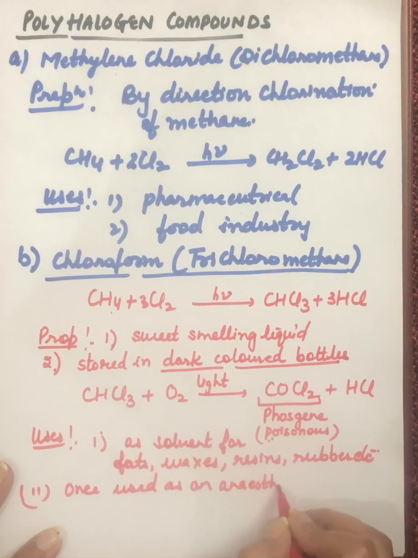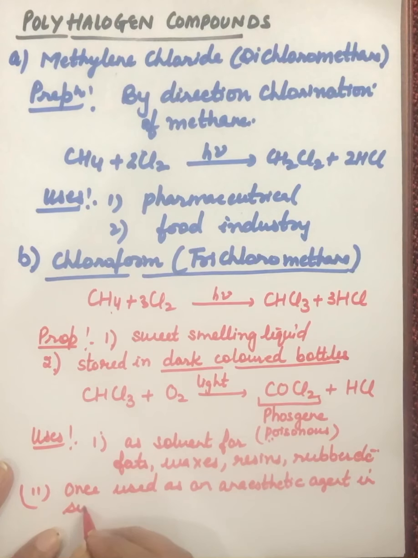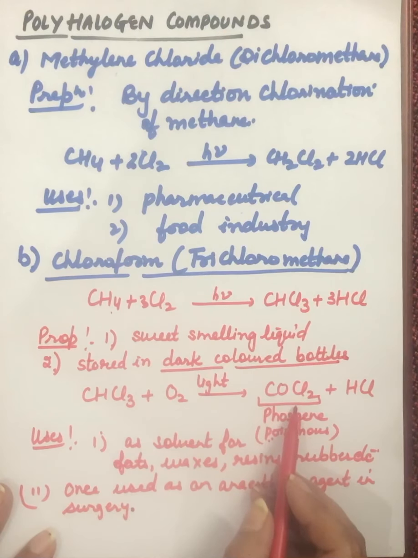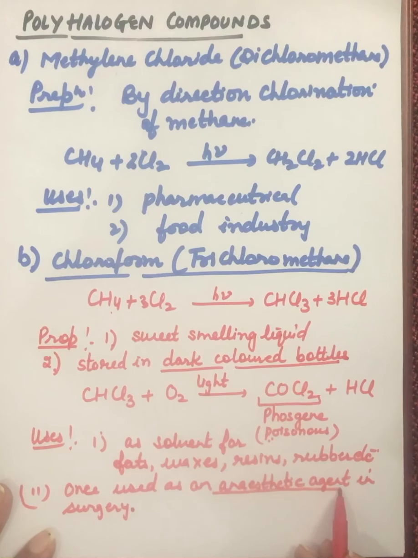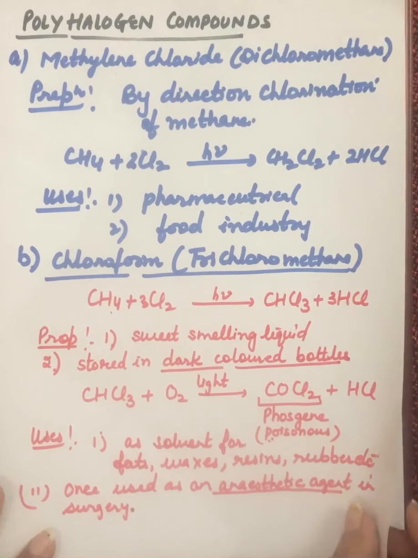Before surgery, for anesthesia purpose, chloroform was used. But nowadays we are not using this because it forms phosgene gas which is poisonous. That is why now we are not using chloroform for anesthesia purpose.